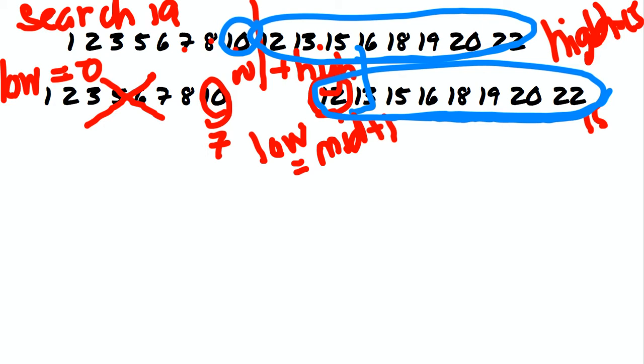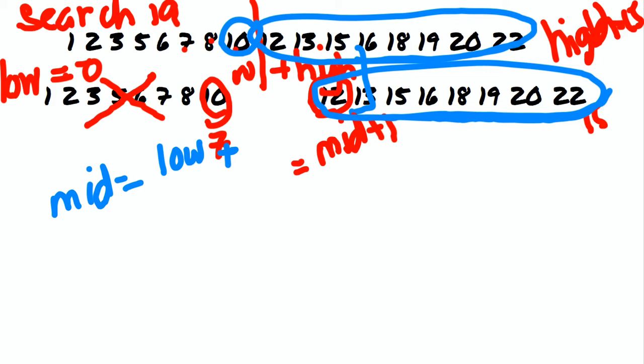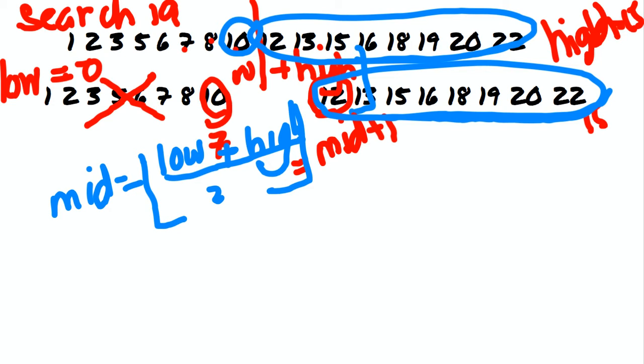We'll simply repeat the formula that mid is basically low plus high over 2, and let's just floor this to take care of the odd scenario in the numerator.